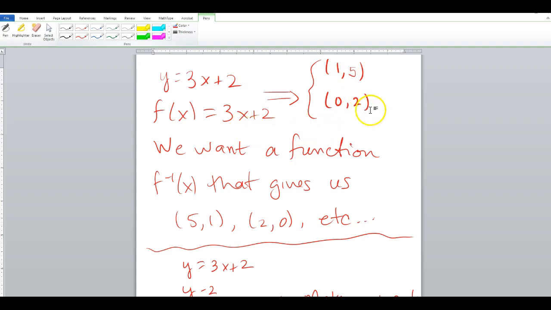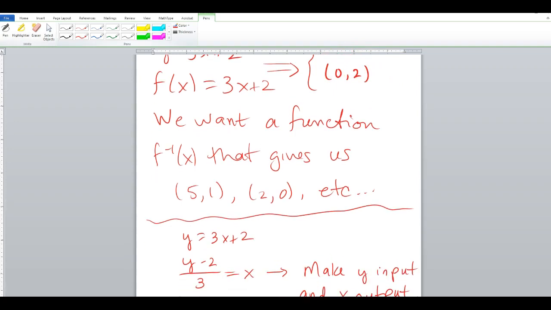When x is 0, y is 2. Of course, there are infinitely more. Let's find a function that gives us the reverse of these coordinates. We want a function that gives us the points (5, 1), (2, 0), etc.